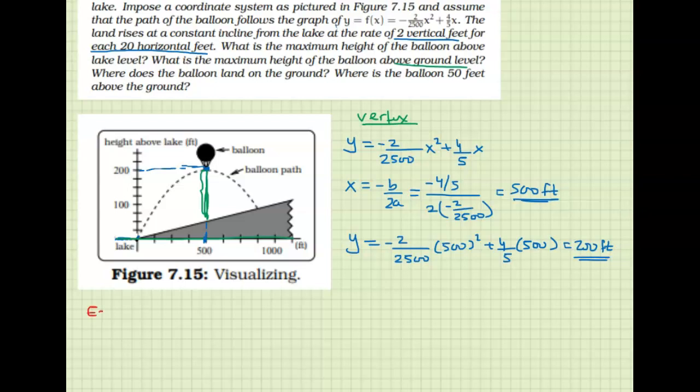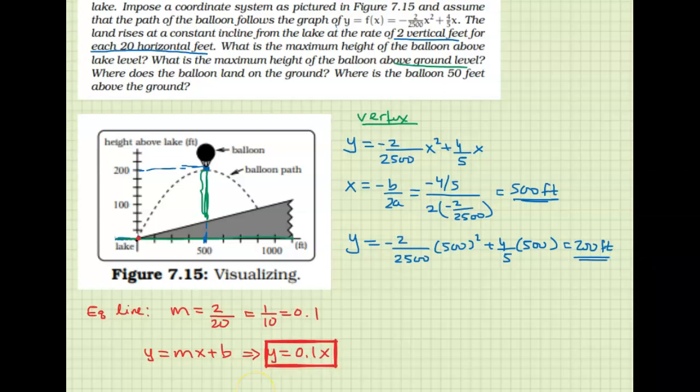We're told that it goes up, so the slope is 2 vertical feet per 20 horizontal feet, 1 over 10, or 0.1. So y equals mx plus b is y equals 0.1x, and the b is 0 because it's starting at the origin.